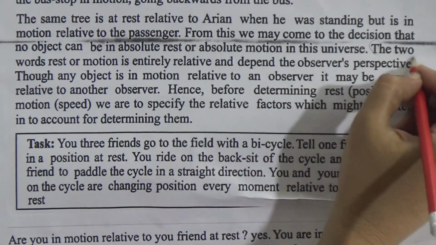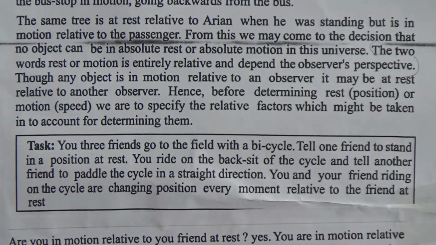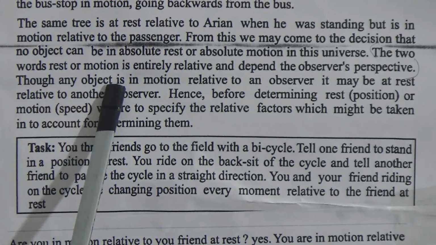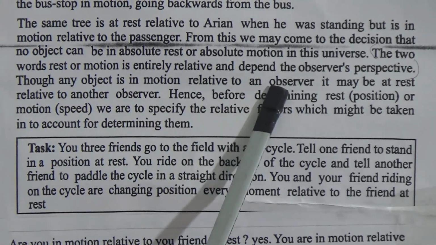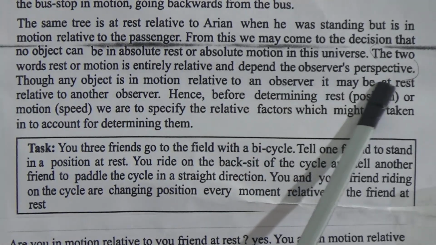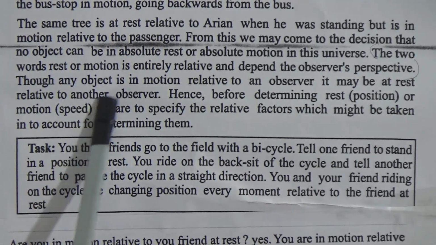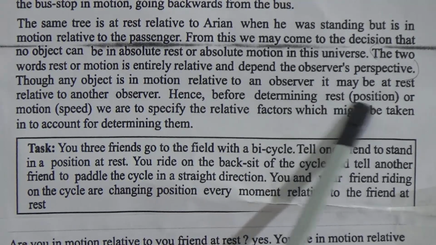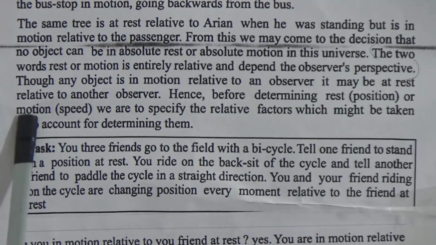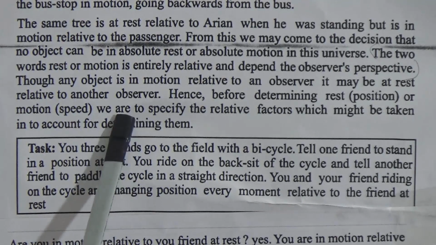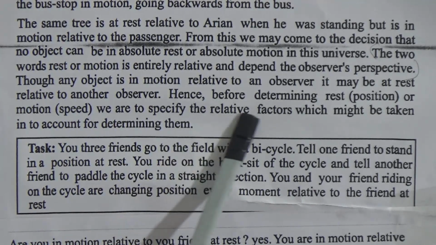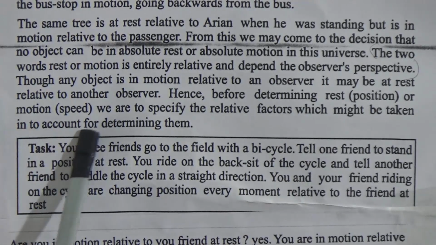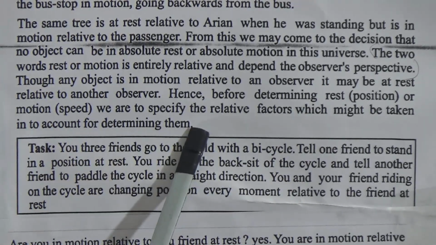Underline this part, dear student. This line is very important for you. Though the object is in motion related to an observer, it may be at rest related to another observer. Hence, before determining rest, that means position, or motion, that means speed, we are to specify the relative factors which might be taken into account for determining them.